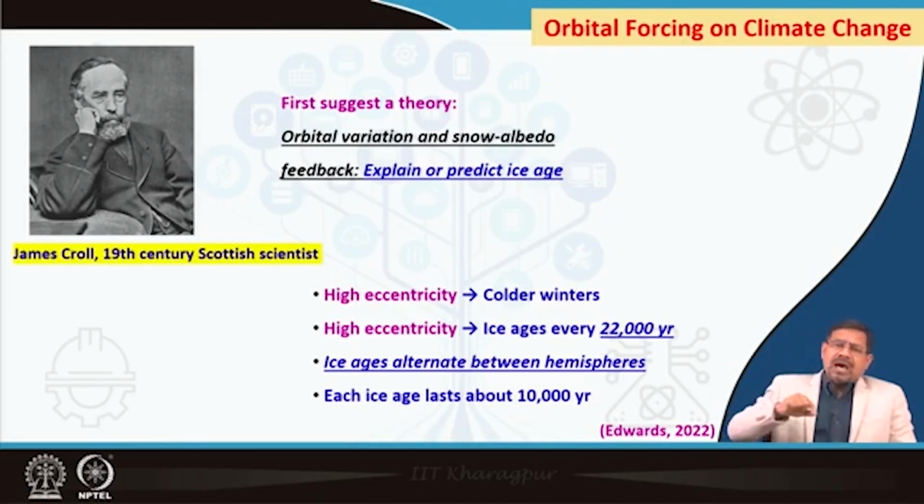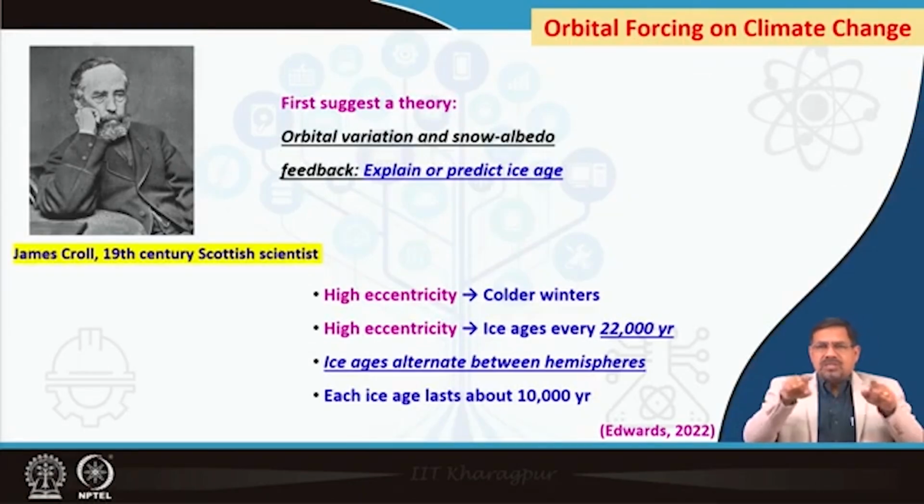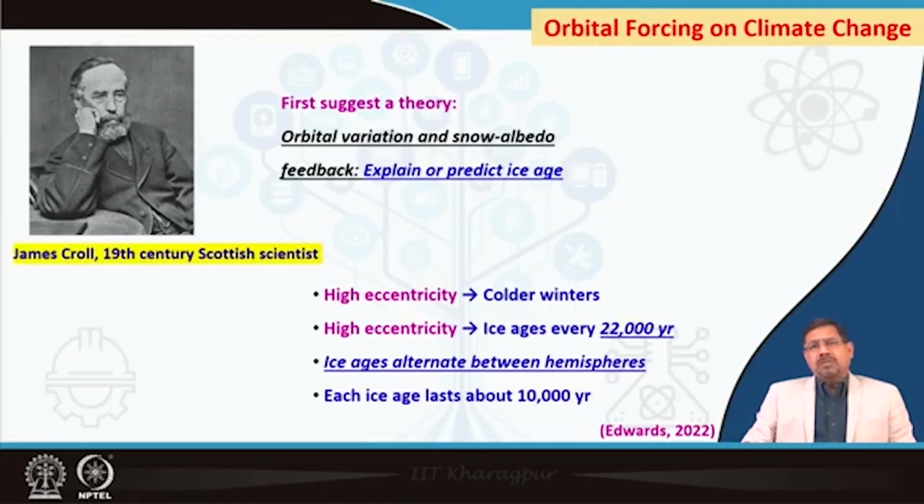The earth takes an orbit around the sun, and it is not a circle, it is elliptical. The eccentricity of this elliptical orbit is represented by the symbol E. High eccentricity gives us colder winters.